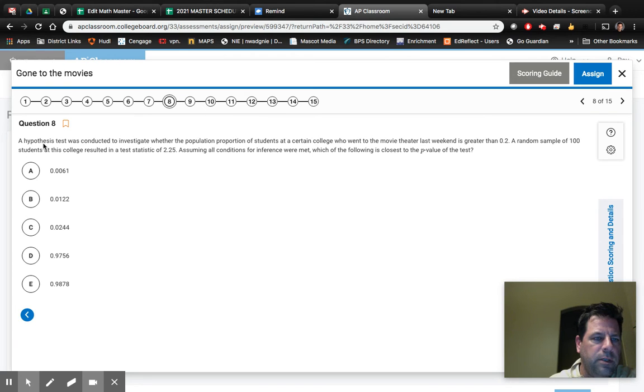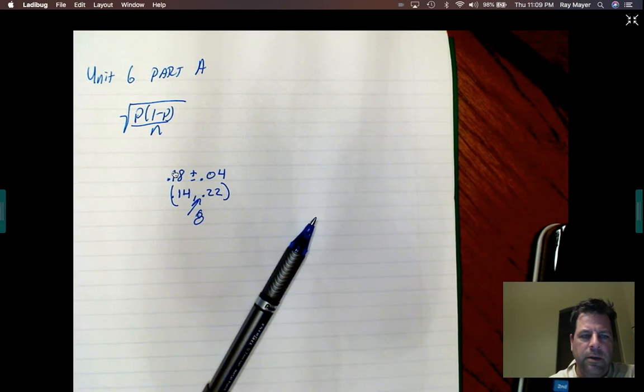Number 8. A hypothesis test was conducted to investigate whether the population for a certain movie theater was greater than 2. A random sample of 100 students gave a test statistic of 2.25, assuming all the conditions were met. Which of the following is closest to the p-value? Greater than 2.25, that's my test statistic.